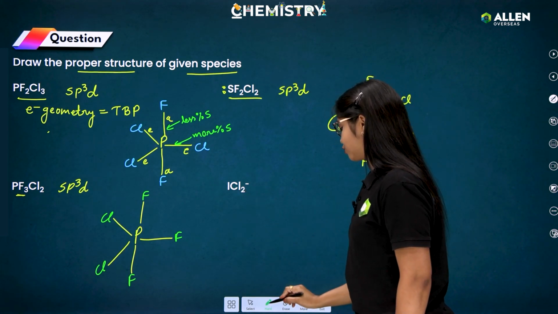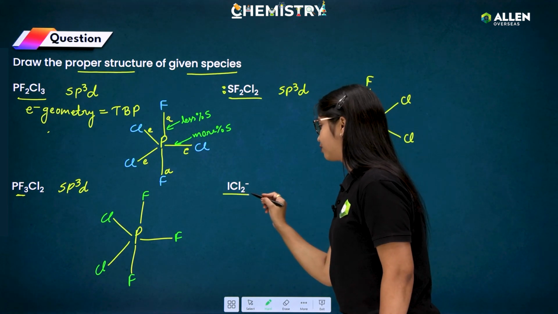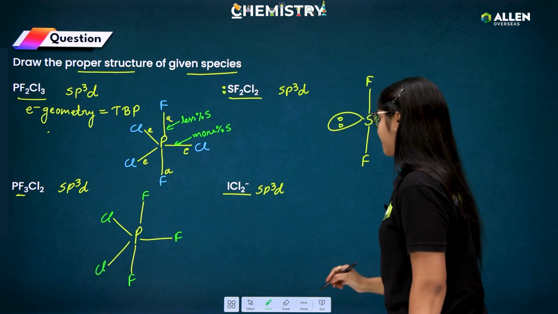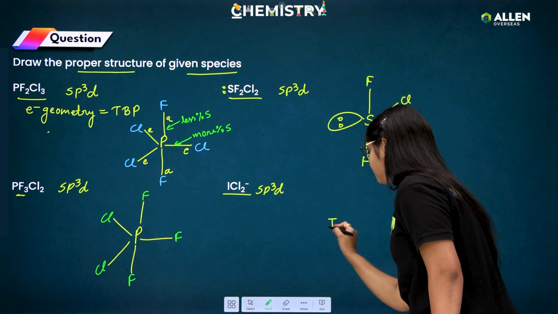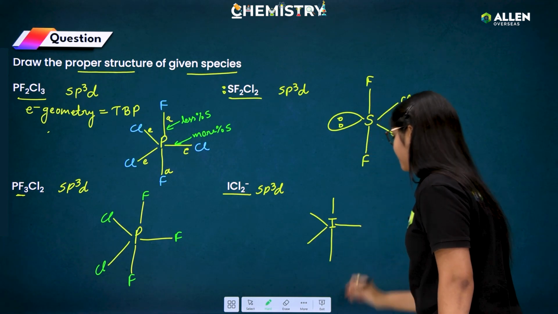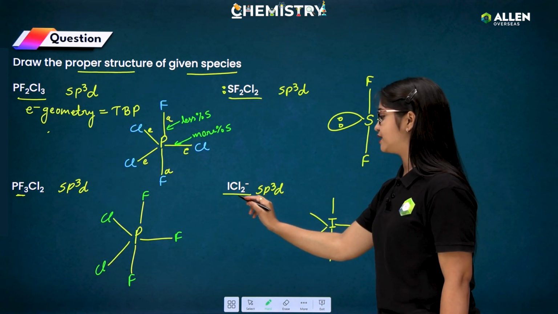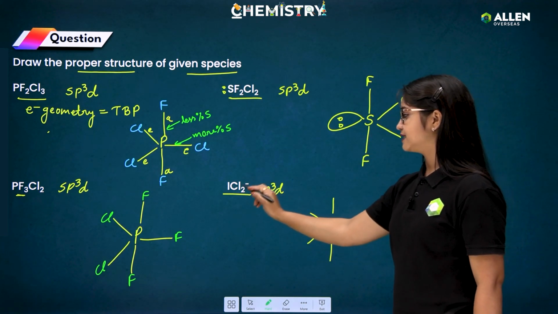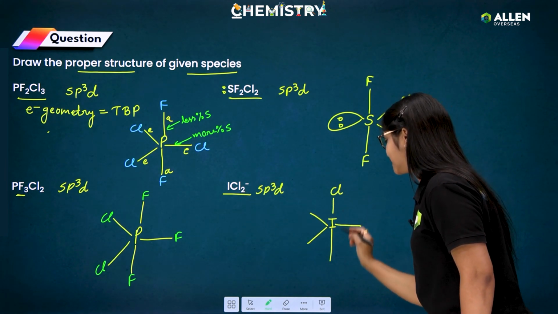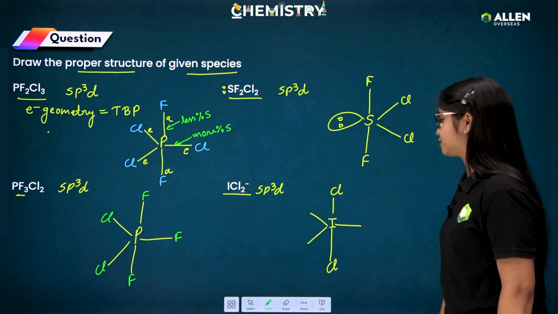Similarly for ICl2 minus also. ICl2 minus also has the same sp3d hybridization, and the electron geometry will be TBP, right? So we have 2 chlorine atoms, and these are the only 2 surrounding atoms. First of all we are going to place them at axial position, right?